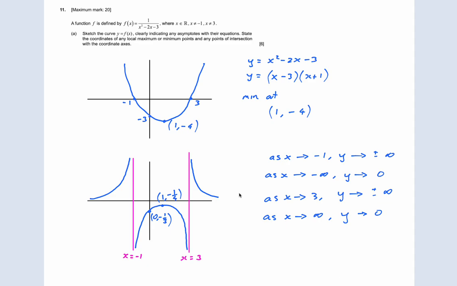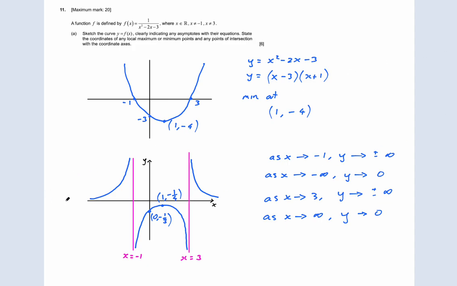Now one final thing to note is, and guys, I probably should write x and y here. One thing to note, there is a horizontal asymptote, and he did say state or indicate any asymptotes with their equations. So we need the equation of this horizontal asymptote.